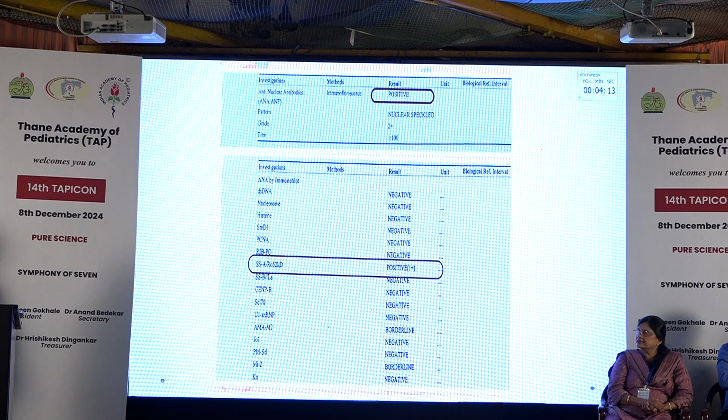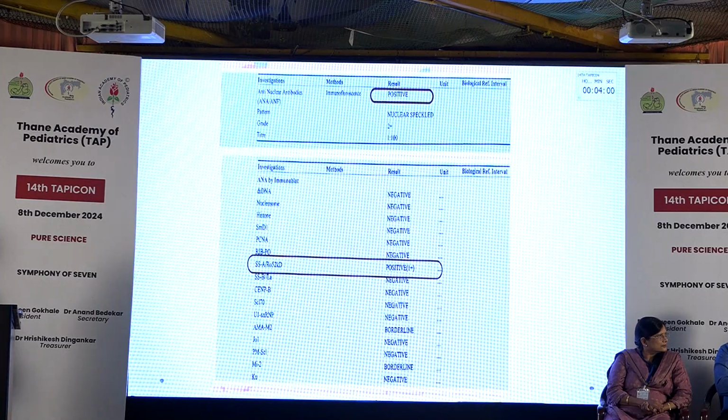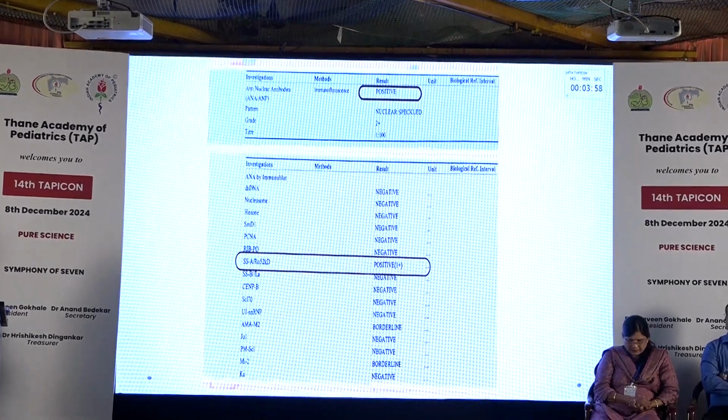So what is the thought process now? Is it CNS SLE? See, we started with her having meningitis, meningoencephalitis. Then she developed neuropsychiatric symptoms.